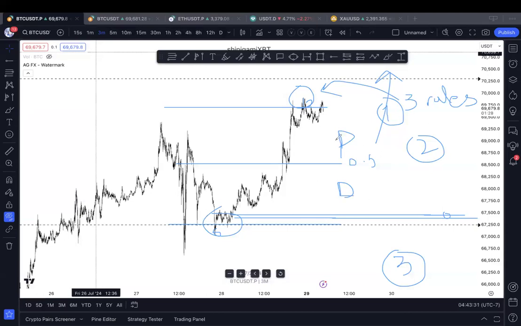This is pretty much the basics of understanding structure itself, and this is why it will answer the questions about break of structure and high and low hold itself. Below 0.5 it's a discount, and this is where you want to be looking for longs, and above is where you want to be looking for shorts mainly.